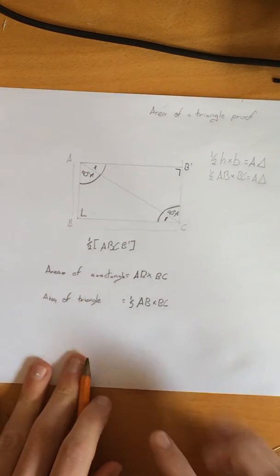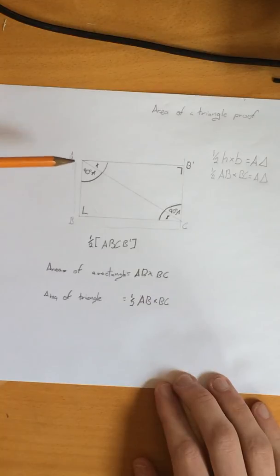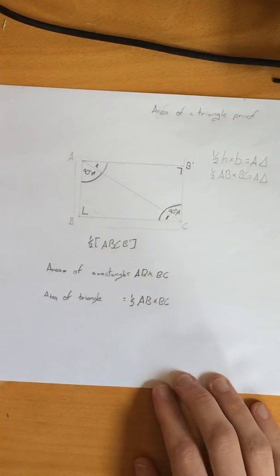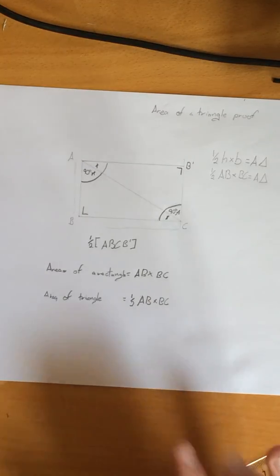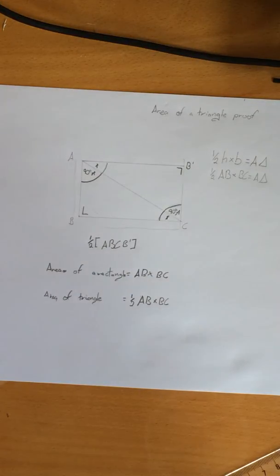And the reason that this formula works for any triangle we're looking to find the area of is because of a theorem I discussed in an earlier video, that triangles between parallel lines that share the same base are equal in area.